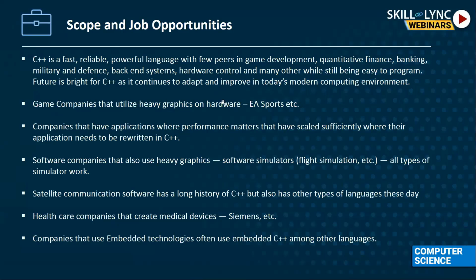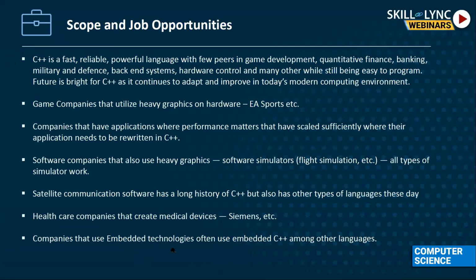Here I just mentioned who is using C++: game companies that need high performance, and companies with heavy graphics, simulations, flight simulations, or 3D model CAD simulations. Also companies like satellite communication software companies, and companies that use embedded technologies, as I already told.